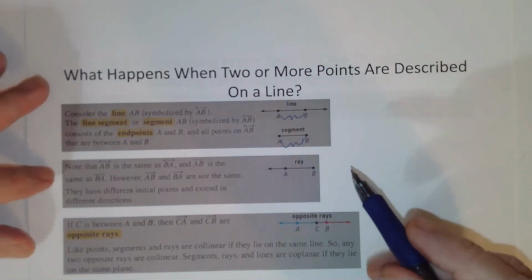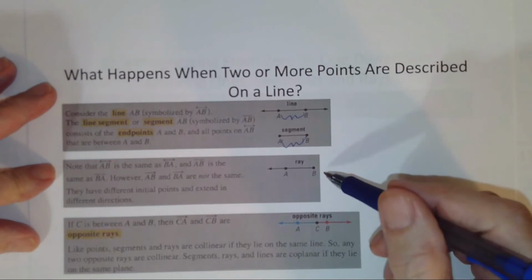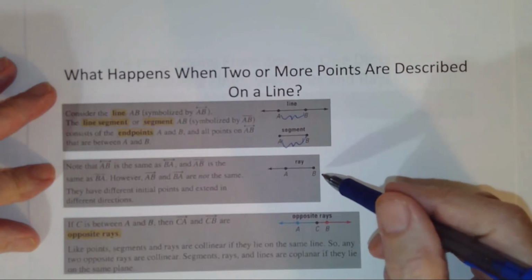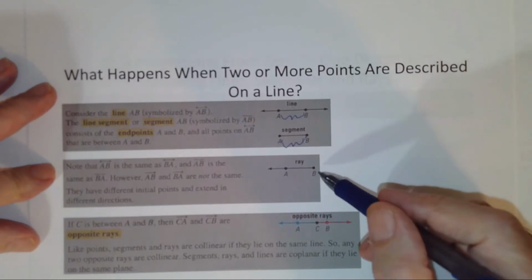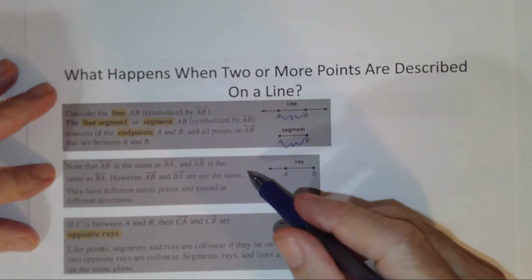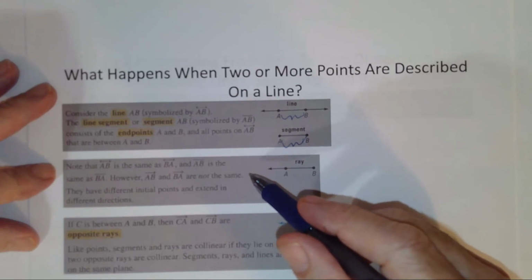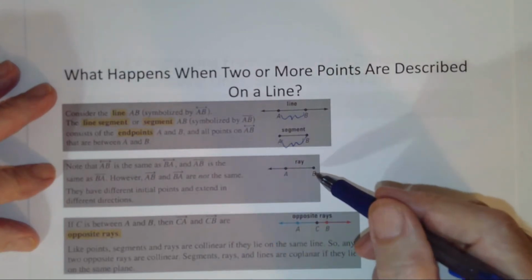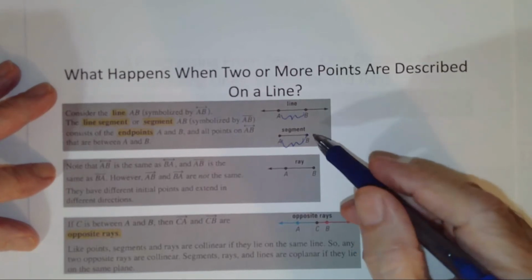All right. Now, here we're looking at something called a ray. And a ray, you'll notice, has an endpoint. In this case, it's B. And then a line that extends to the left forever and ever. Okay? So that means that this ray has a starting point, just like this, and no end point.